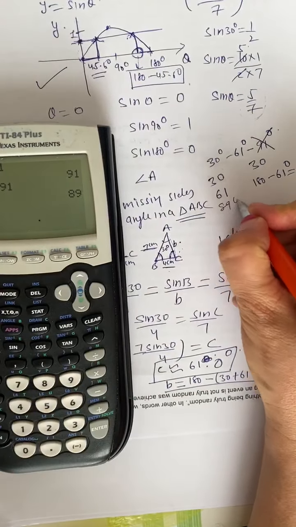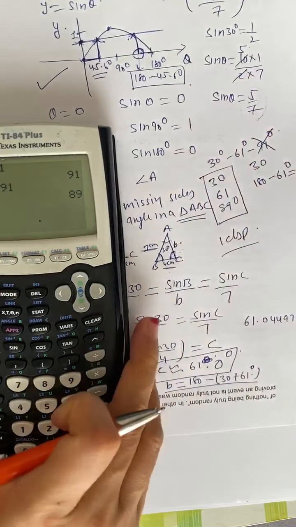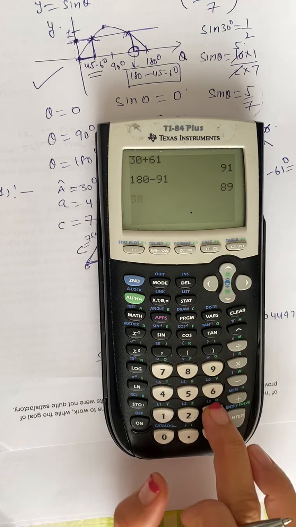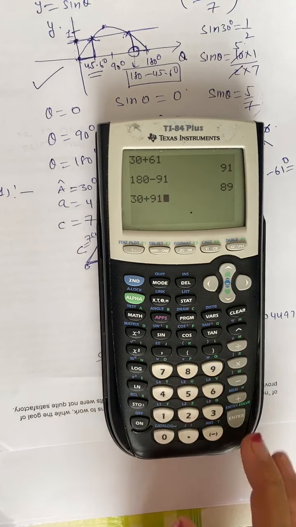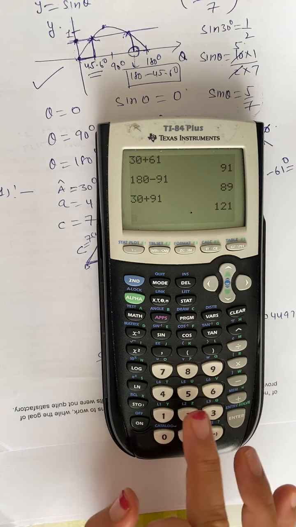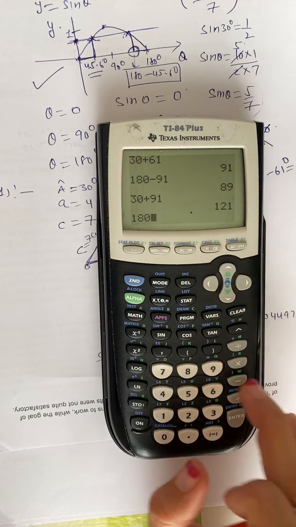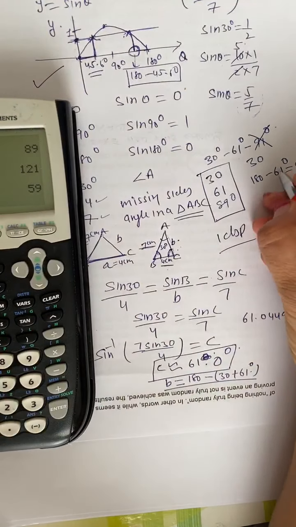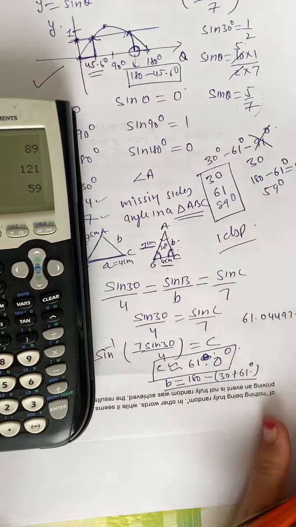So this is one possibility we can have. And then we have 30 plus 121, and then 180 minus 121, and you get 59 degrees. And this is your other possibility.